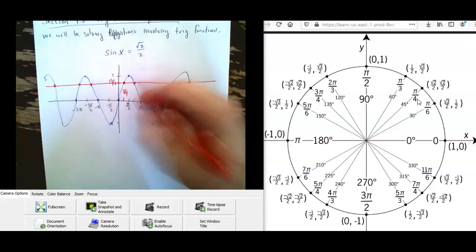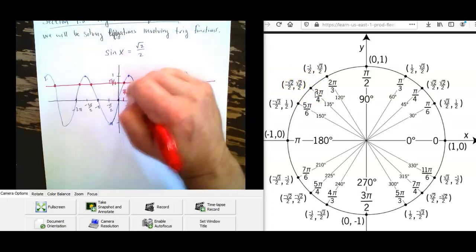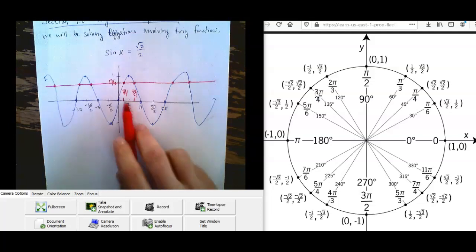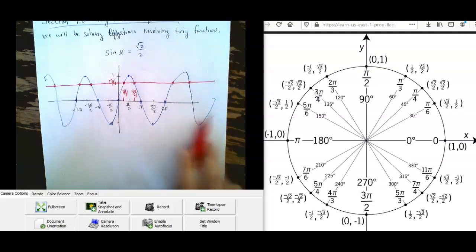And then it happens again, not too far away, at what value? Well, let's go around and see where the y-coordinate is square root of 2 over 2 again. Here we see we attain the value of the square root of 2 over 2 at 3 pi over 4 as well. 3 pi over 4. And then it happens again on a separate period over here.